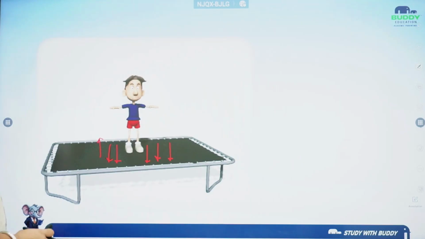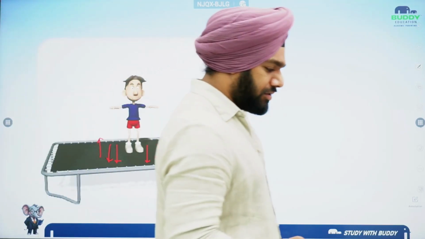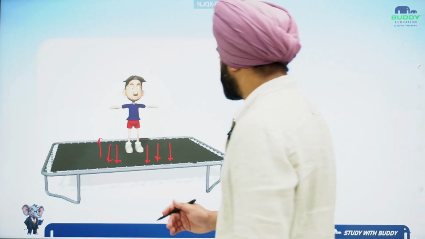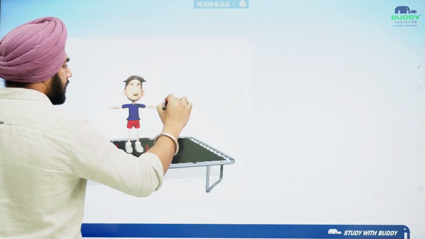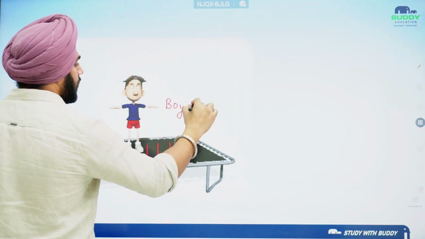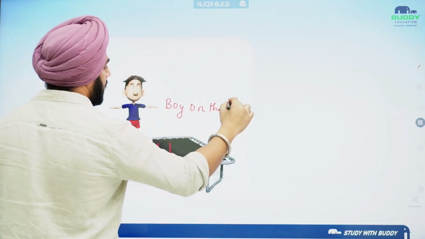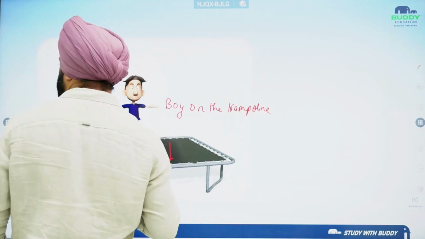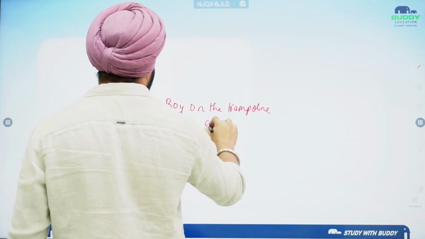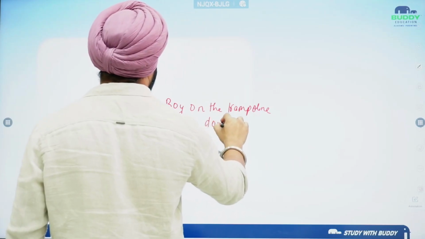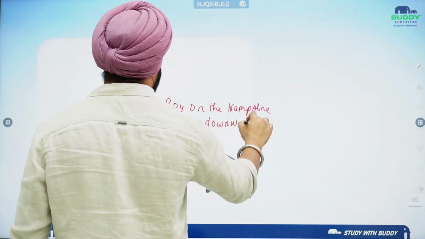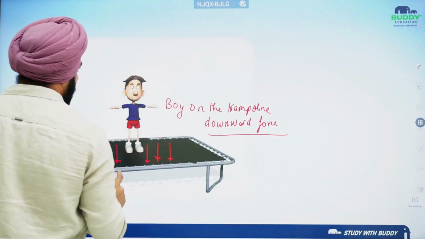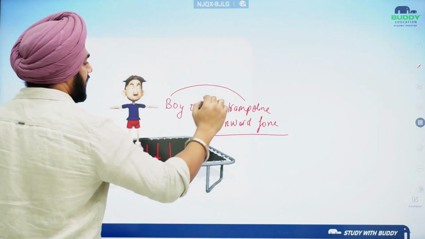Every time we talk about action, so action is exerted by the boy on the trampoline, and the direction is downward. So the boy on the trampoline is exerting a downward force.